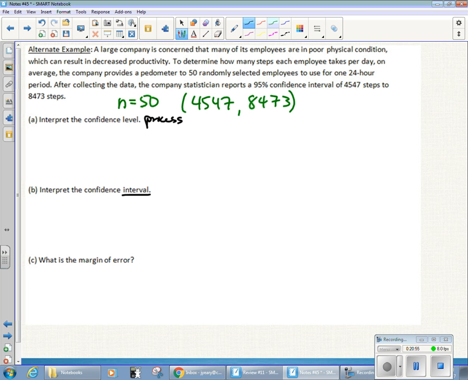Cookie cutter example. We are 95% confident that, I'm trying to look for my context here, we're looking for the mean number of steps taken by an employee.